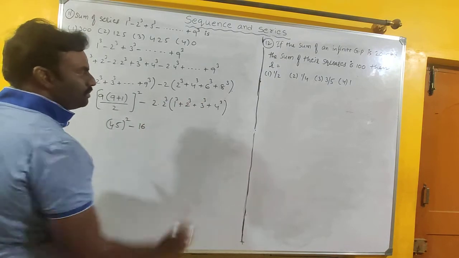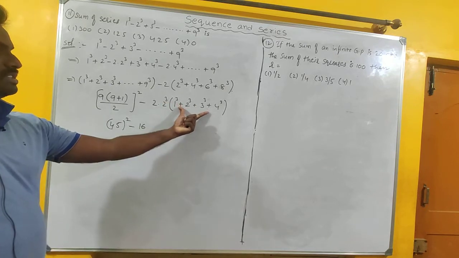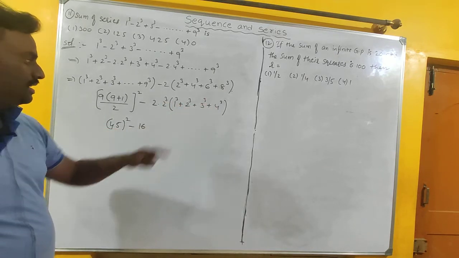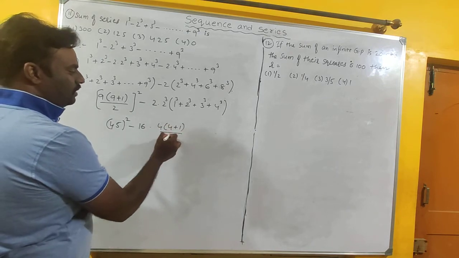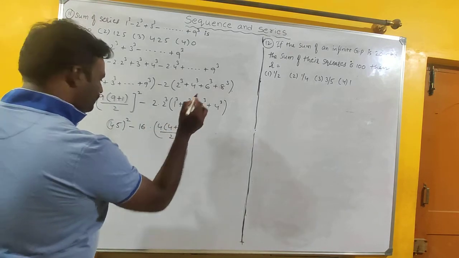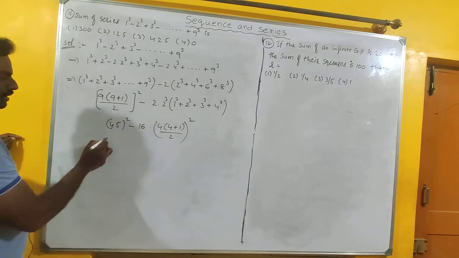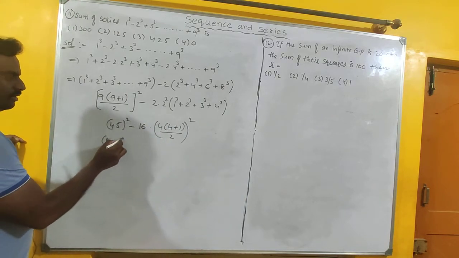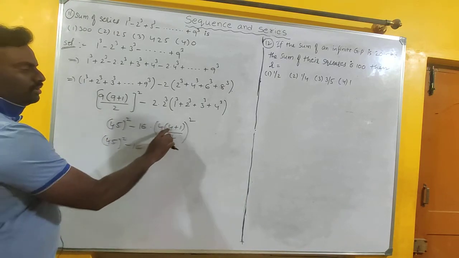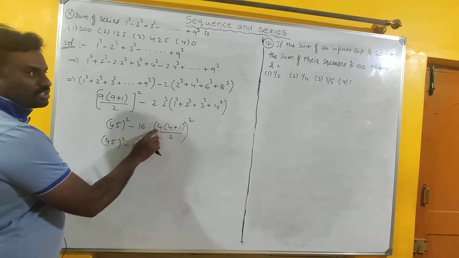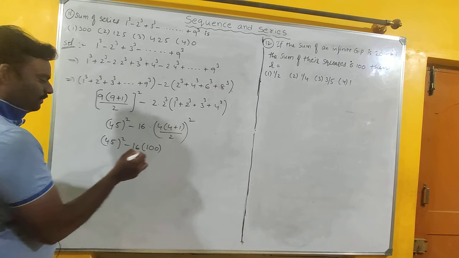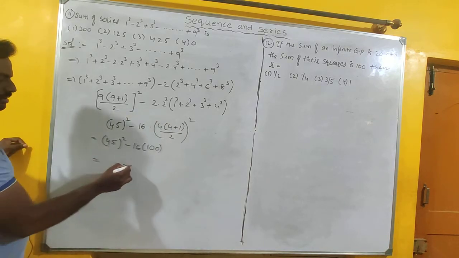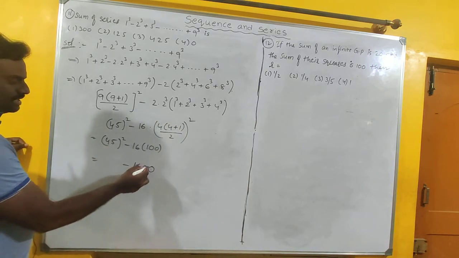This is also the formula for the sum of cubes of natural numbers. But how many items are there? 4. That's why 4 into 4 plus 1 by 2, whole square. Then 45 whole square minus 16 into 4 plus 1, 5, 5 fours are 20, 20 by 2 is 10, 10 square is 100, which equals 1600.